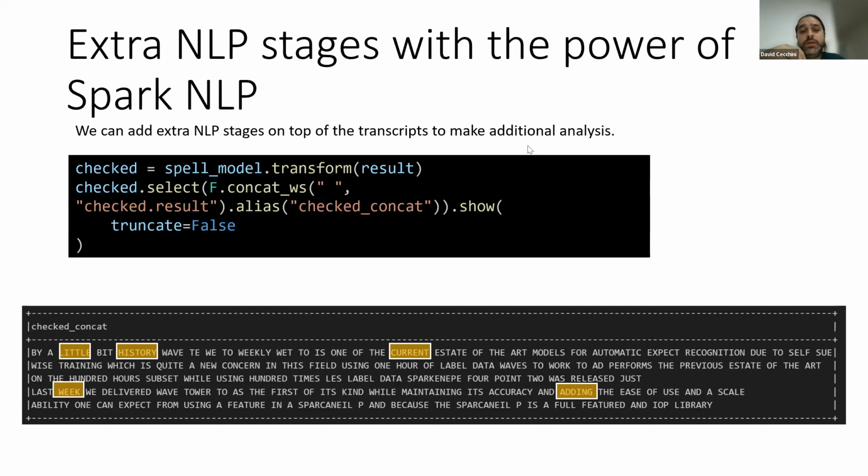This model was trained on audiobooks. So I don't think there was any audiobook about Wave2Vec or Spark NLP or even Spark present in the training data. So that's one of the reasons why technical words sometimes don't work very well on pre-trained models.